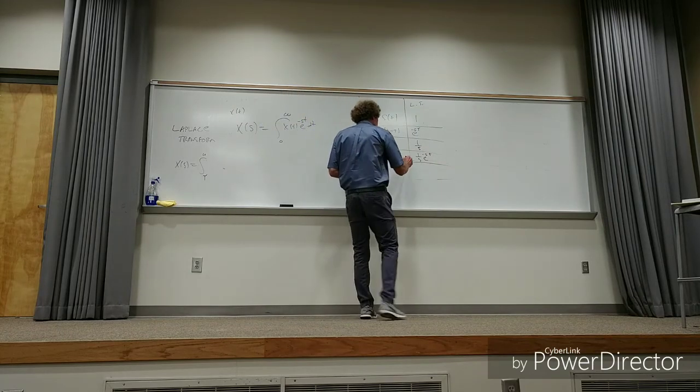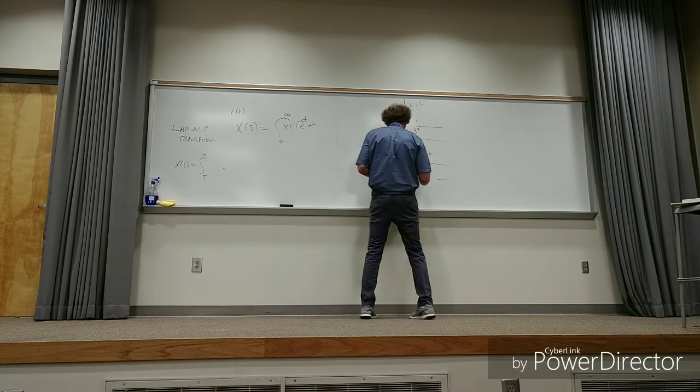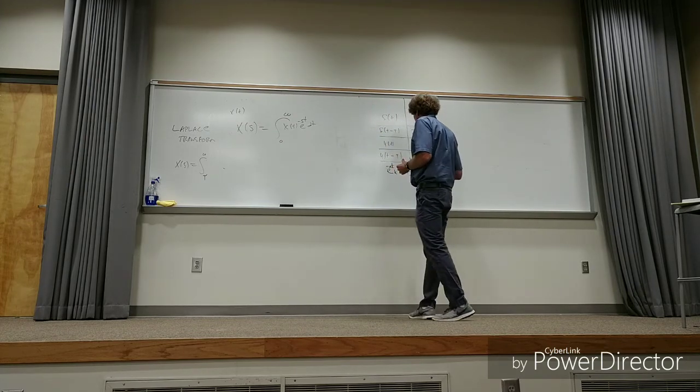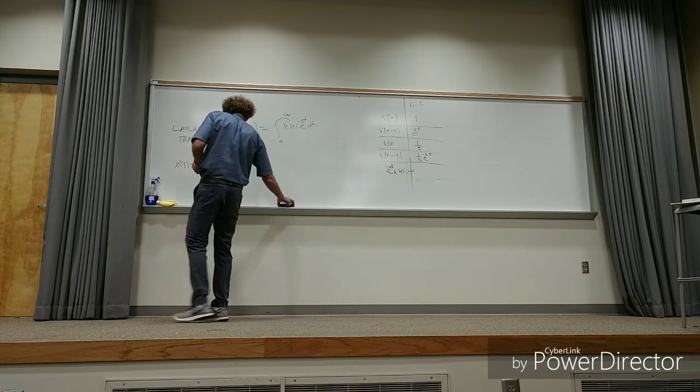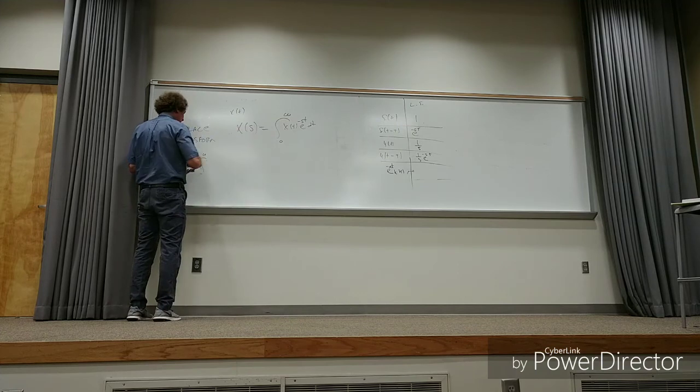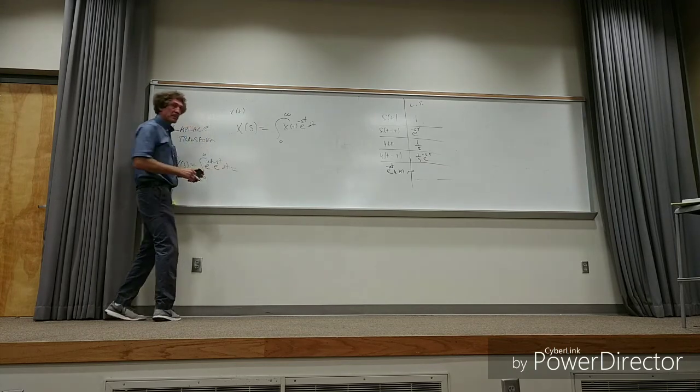If I have e to the minus at times u of t, and I want the transform of that, the Laplace transform, what would it be? We'll go here. That's the definition I put in from 0 to infinity e to the minus at times e to the minus st dt, correct?